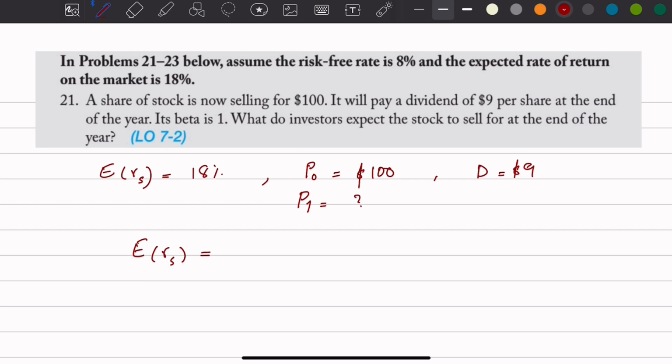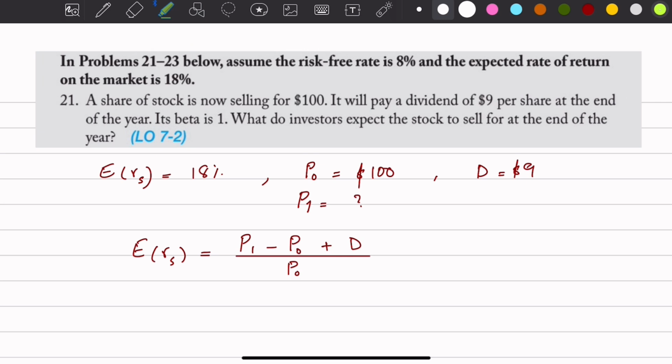So that means the difference between the selling price and the purchase price, P1 minus P0, plus any cash flows generated by the stock, which is the dividends in this case, all divided by the initial price or the initial cost of that stock.